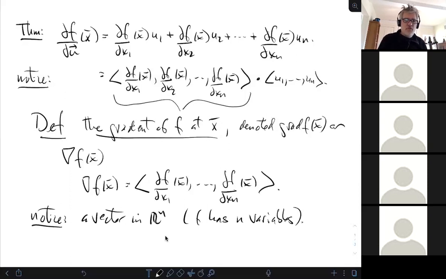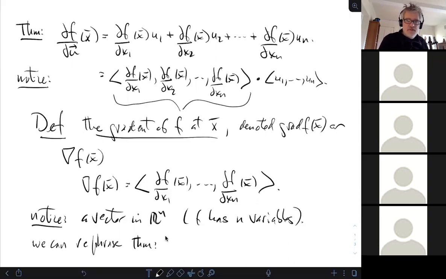So we can rephrase the theorem as follows. Again, if I'm switching too quickly, just let me know. Okay, so again, the gradient vector at x bar, you just evaluate all the partial derivatives at x bar.